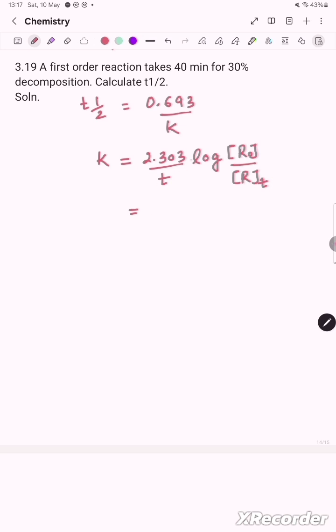So here time is given, that is 40 minutes. So we calculate this 2.303 upon 40 minutes log. Here suppose we take initial reactant 100. So after completion of 30% of the reactant, we get remaining reactant equal to 70.